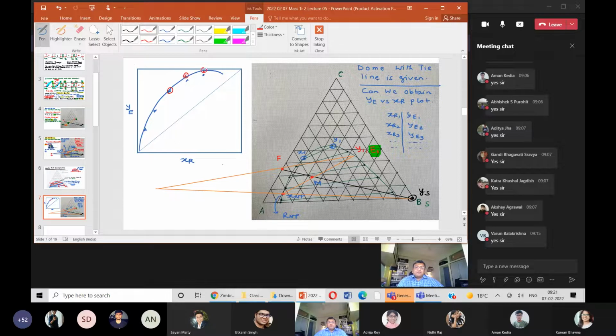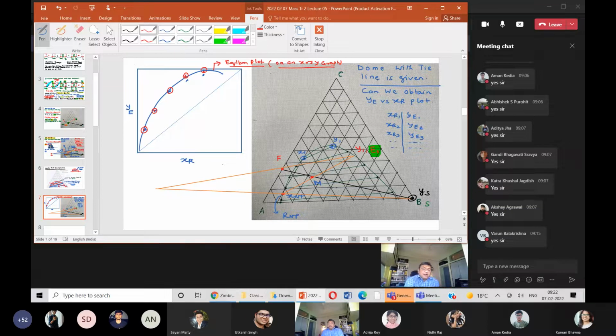See if it is clear to all of you. So this is now my equilibrium plot, right, on an XY scale. Is it clear to all?